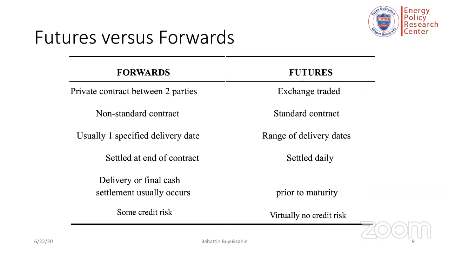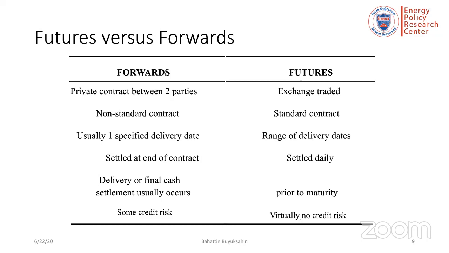If you compare forwards and futures, forwards are a private contract between two parties, as opposed to futures, which are exchange traded. Of course, a forward is a non-standard contract, which is to say you can customize based on the client's needs, as opposed to a futures contract.